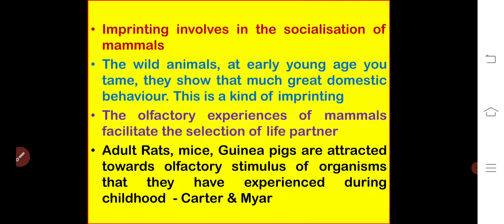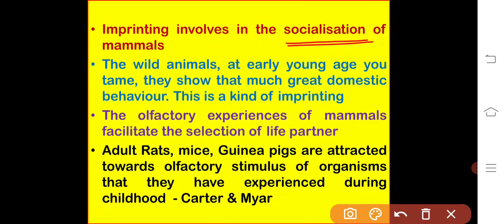The first one: imprinting is involved in the socialization of the mammals. There is great socialization in human beings and other mammals. If you take into consideration wild animals, at an early young age, if you tame them properly, they show much greater domestic behavior.